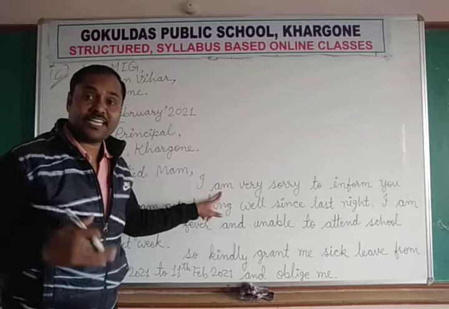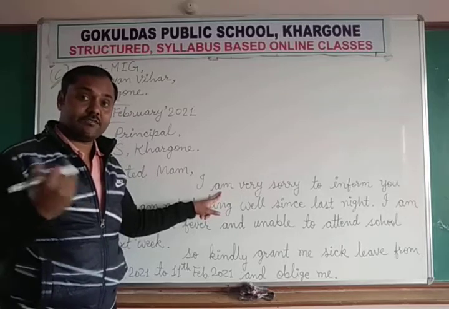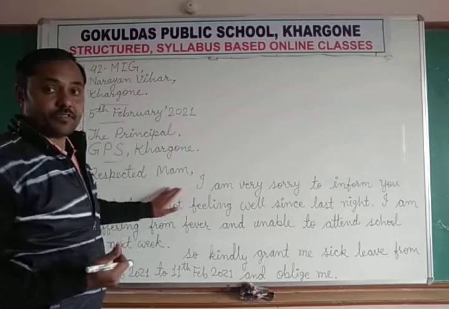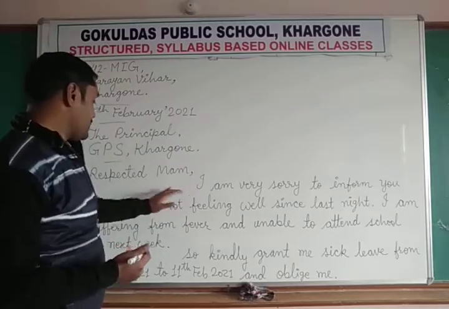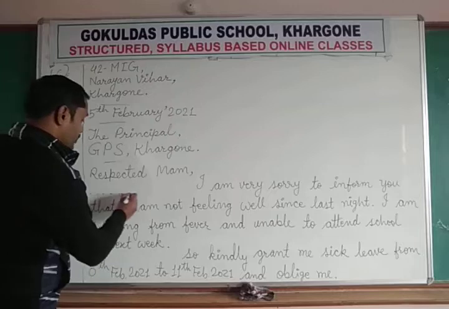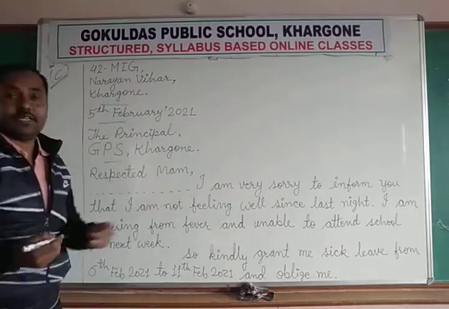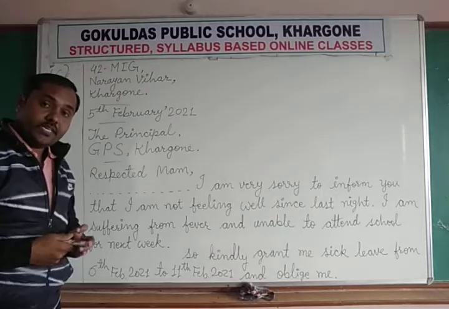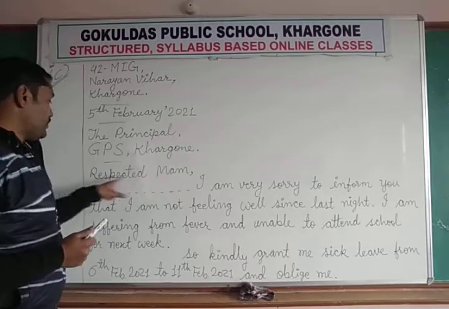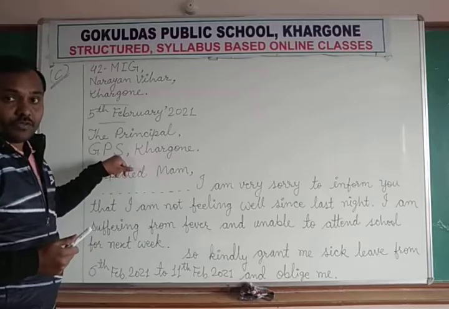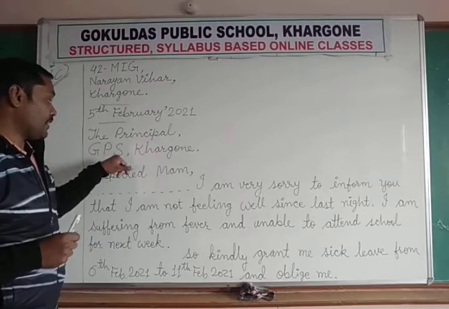This is called a paragraph change. Whenever you change paragraph, you leave some space at the beginning. Suppose this is a line, you leave space up to here, then you start from here with a capital letter. Always use capital letters wherever I have used them. Respected, R is capital. GPS, an abbreviation or short form, all letters are capital.